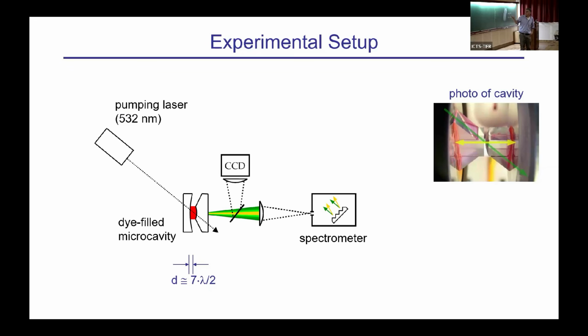These are the mirror surfaces, and the green is where we pump, and these prisms are such that the pumping light can transmit through. To operate the cavity, we reduce the spacing to about a micron or so, and we put a drop of liquid dye in between, and that holds by adhesion. And we analyze the light that leaks out of the microcavity, both spatially with a camera and spectrally with a spectrometer.